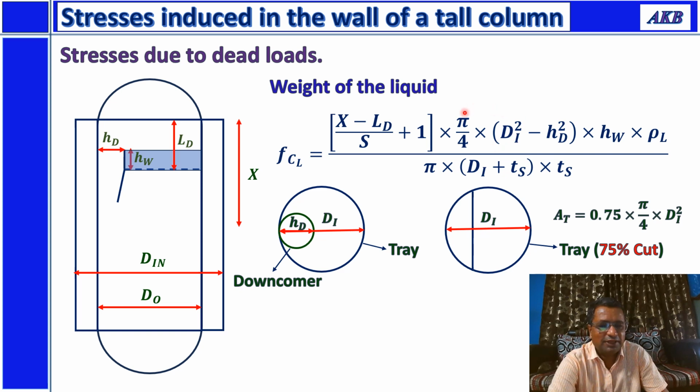It will be given by this formula: pi by 4 di square, that means this total area, minus pi by 4 HD square, this area. So the total area of the tray minus the area occupied by the downcomer will give you the area that will be available for the liquid.